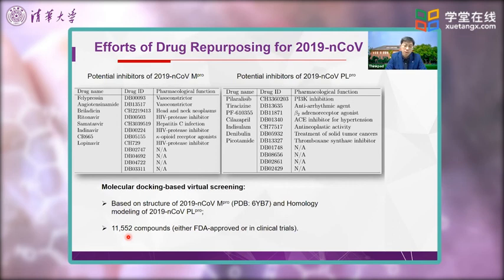Those compounds are either FDA approved or have entered into clinical trials. On this table, the researchers have reported quite a lot of potential drugs that can work as potential inhibitors for M-Pro or PL-Pro. However, further evidence is needed to support these drugs' use in the clinic.